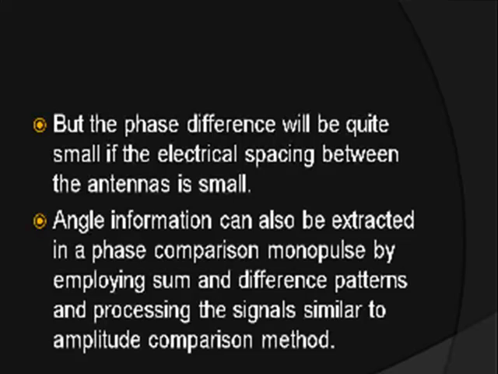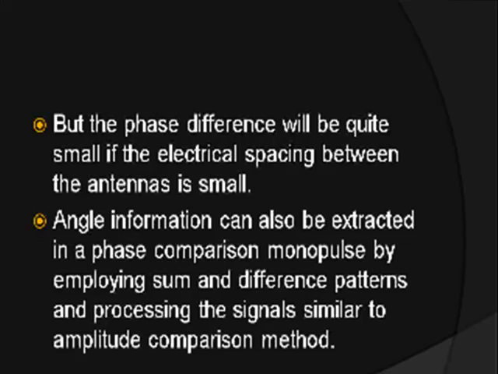So angle information can also be extracted in a phase comparison monopulse by employing sum and difference patterns and processing the signals similar to the case of amplitude comparison method.